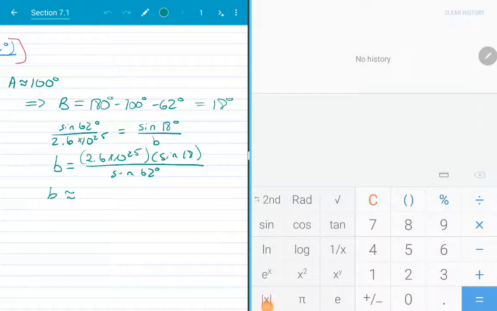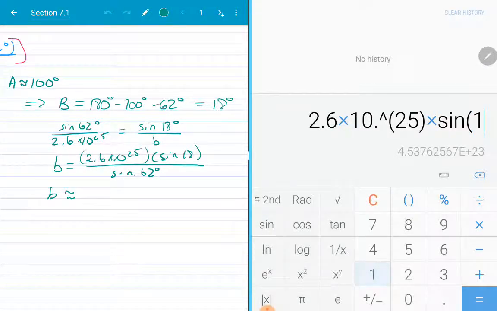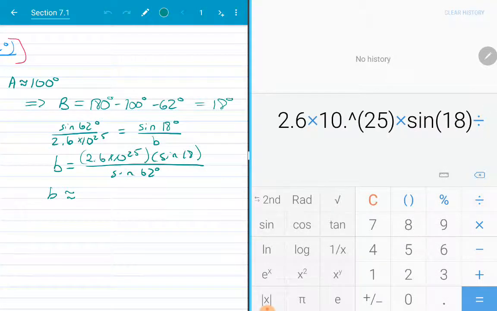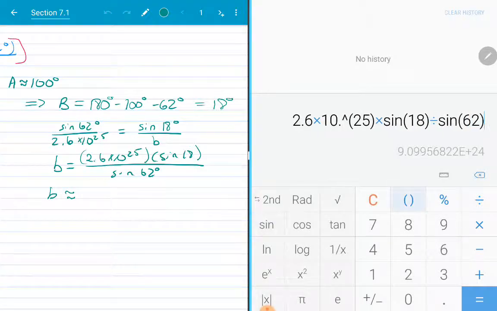I get 2.6 times 10 to the power of 25, close the exponent, times sine of 18, close the sine, divided by sine of 62, and I get a possible B side of 9.09. Let's just call that 9.1 times 10 to the 24th.